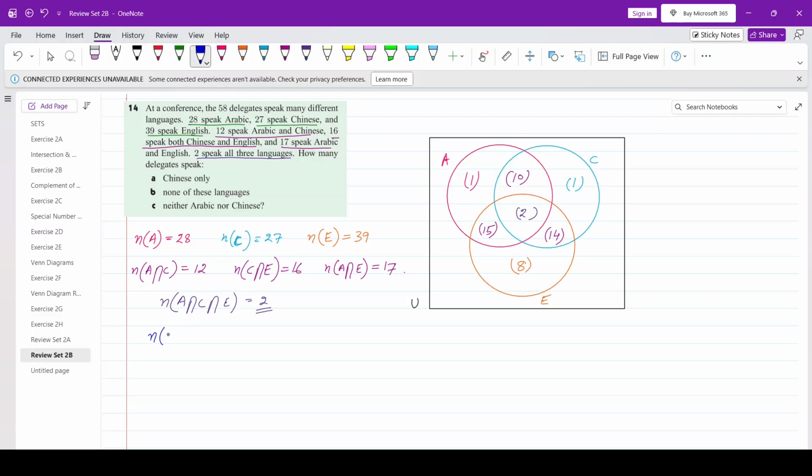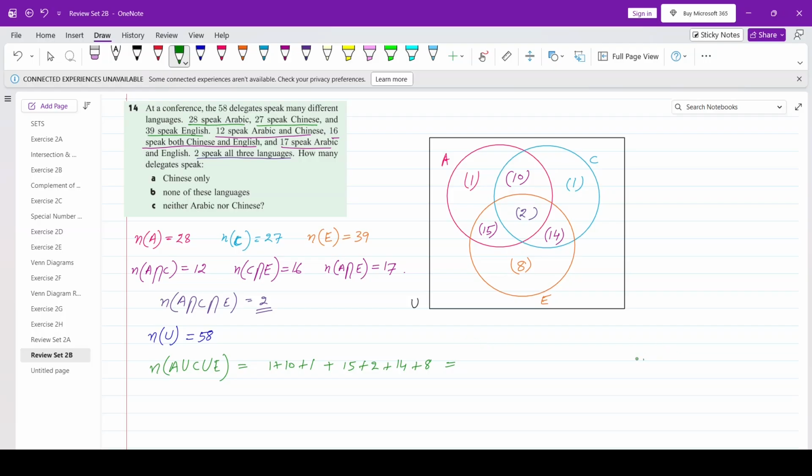Now we know there are a total of 58 delegates. So the number of elements in the universal set is 58. And how many we have considered so far? So the number of elements in A union C union E is 1 plus 10 plus 1 plus 15 plus 2 plus 14 plus 8.